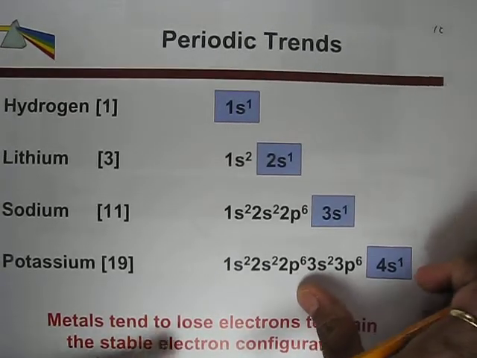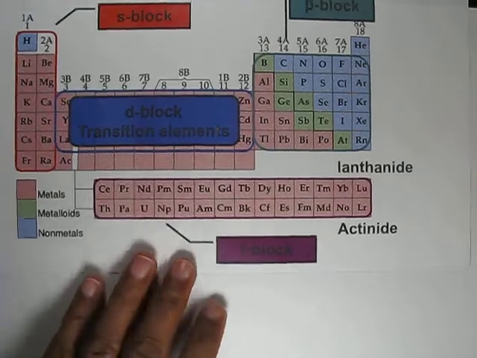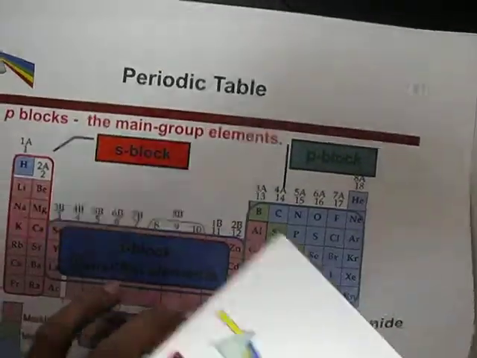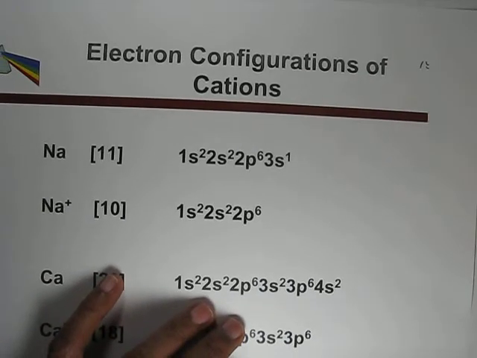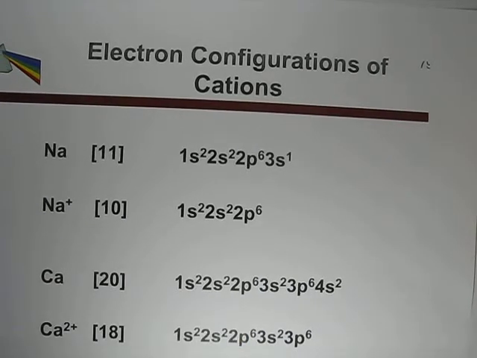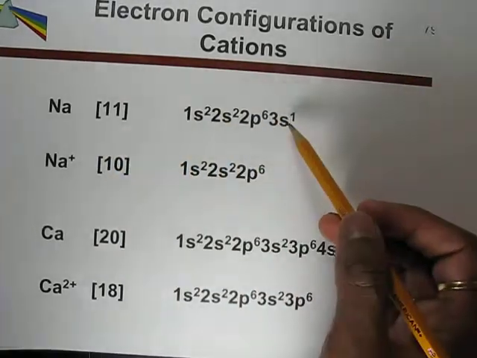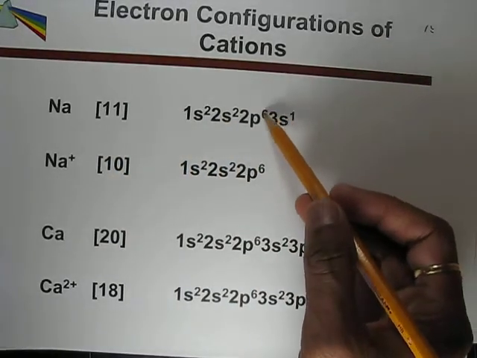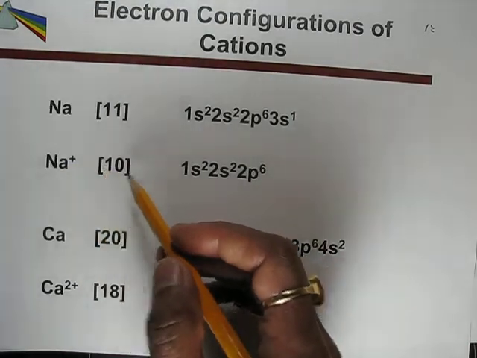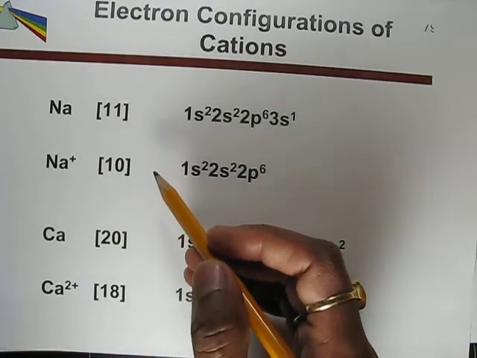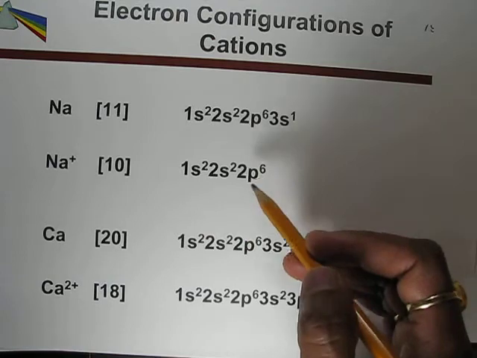Next, this example shows the meaning of a stable electronic configuration. Suppose sodium has lost 1 electron from the valence shell, then it becomes a sodium ion. The sodium ion will attain the electronic configuration of the stable neon gas.